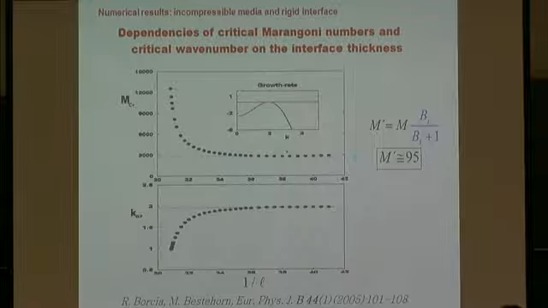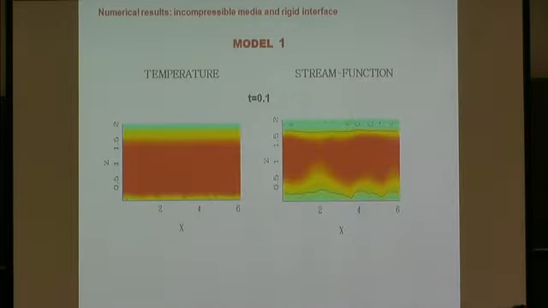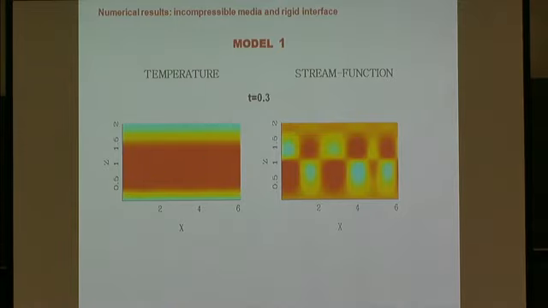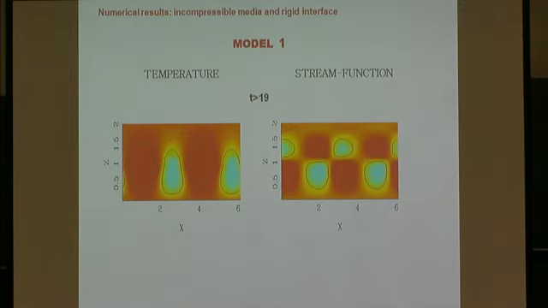And now going on to describe the fully nonlinear evolutions, we have represented the temperature and the stream functions at different moments of time, starting from a random distribution. So we can recognize the pattern specific for short wavelength instability, for the Marangoni instability.